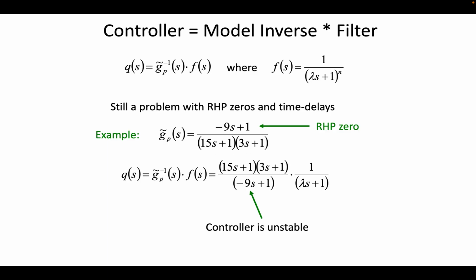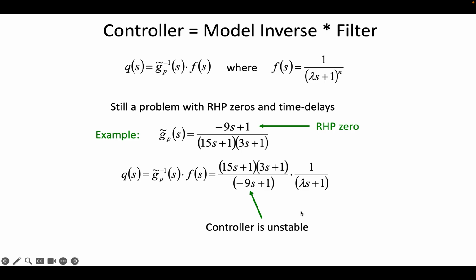So if we simply took the inverse of that process, then you flip the denominator and numerator, and this becomes the controller, then cascaded with that first order filter. So therefore, your controller Q would be second order divided by second order. Unfortunately, in this case, the controller would be unstable because you have a right half plane pole at positive 1/9.